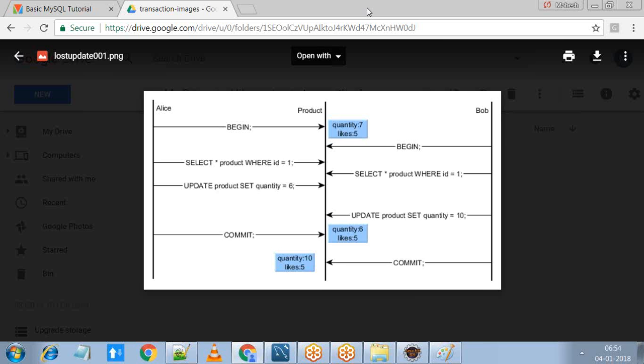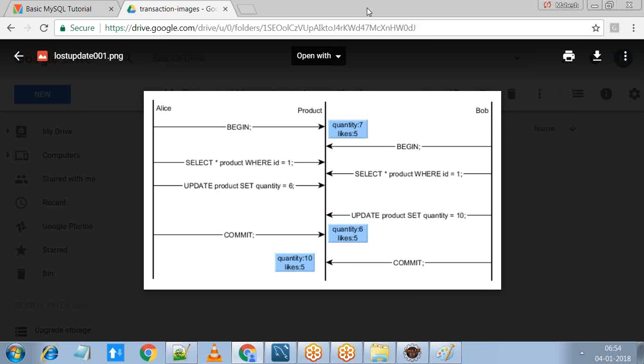And then Bob's transaction here is trying to add 3, incremented by 3. Existing quantity, it wants to increment it by 3. That is what it is trying to do here. But what is the issue here?